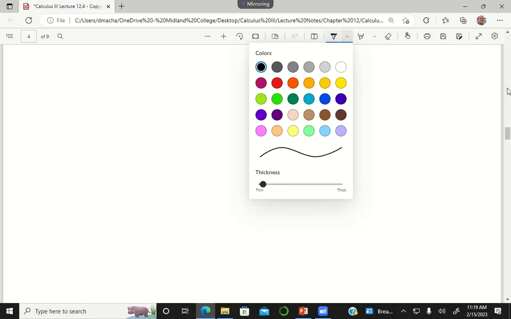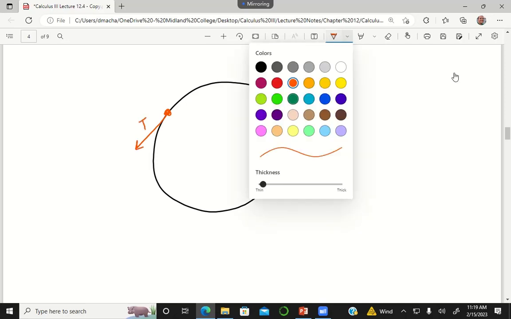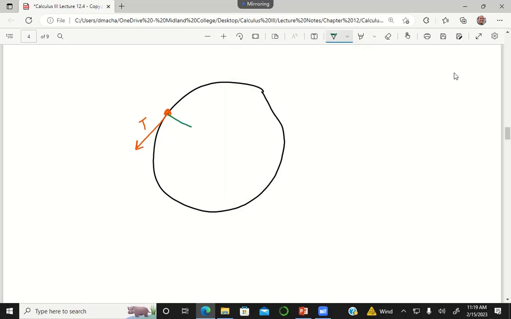Let me give you another example. Let's say our path P was a circle. And a tangent vector would just be tangent to that circular path. Then the principal normal vector would be pointing towards the center of the circle.